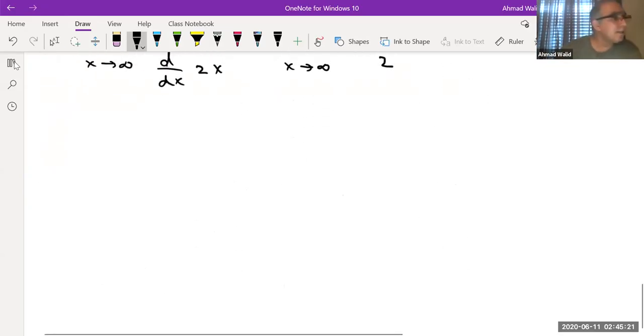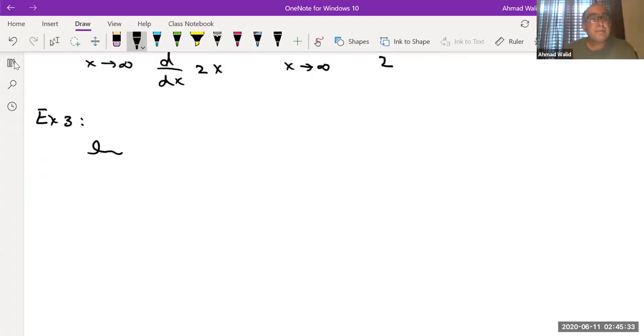Let's do another example. I think example 3, right? Limit as x approaches 0 of x squared over 1 minus cosine x.